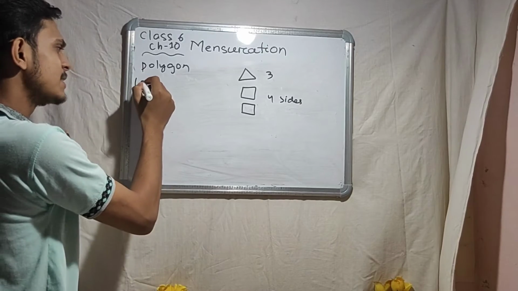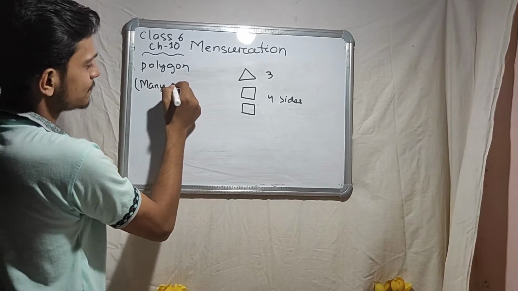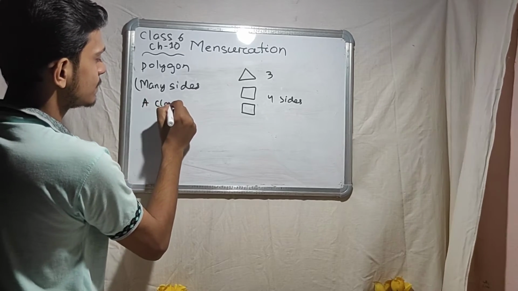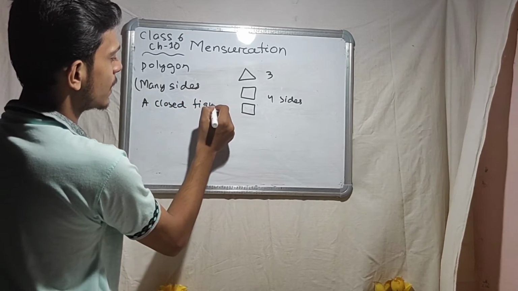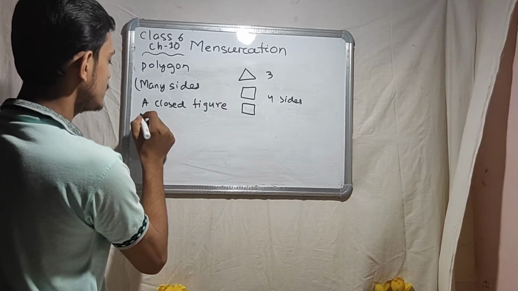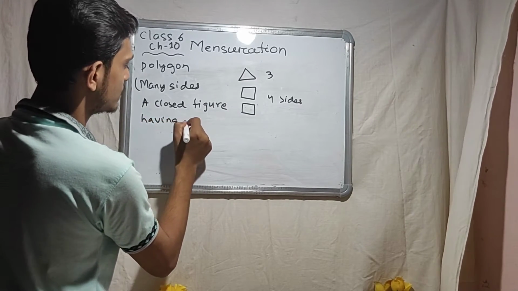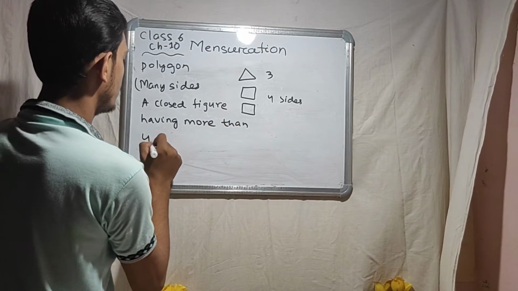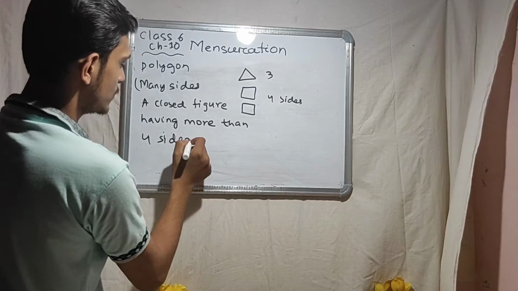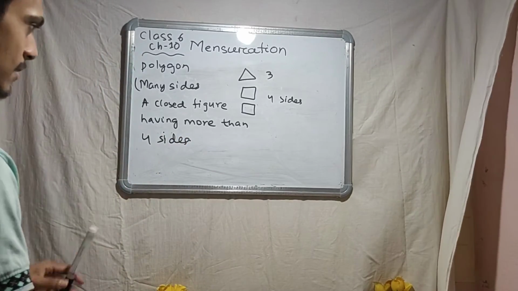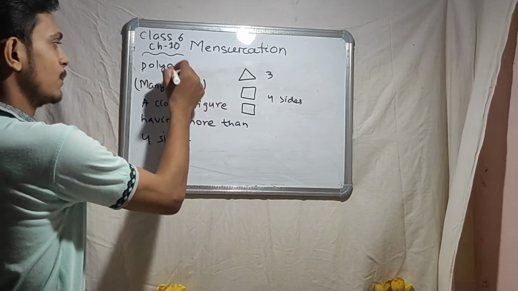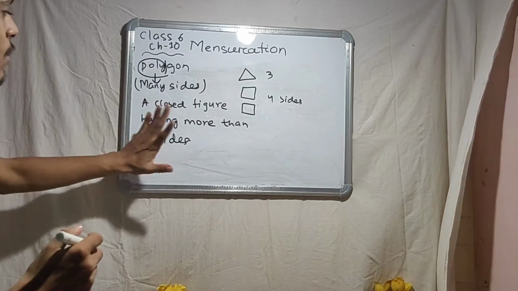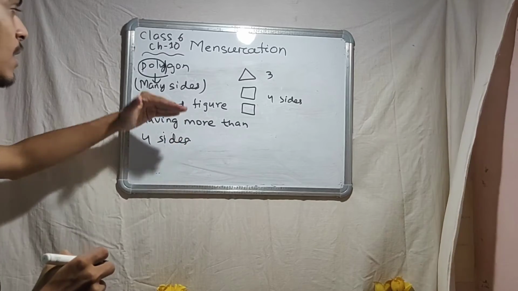But polygon means there are many sides. A closed figure having more than 4 sides is called a polygon. Poly means many. So a closed figure having more than 4 sides is called a polygon.